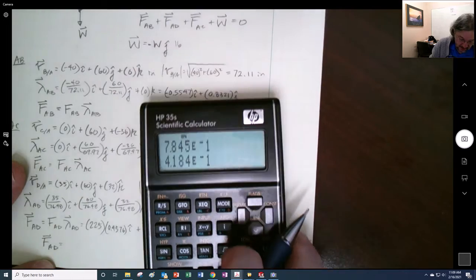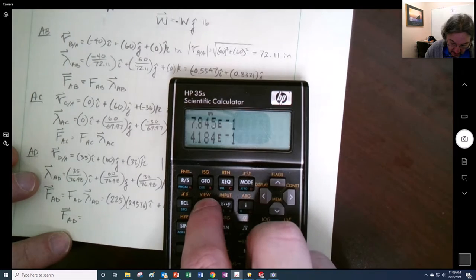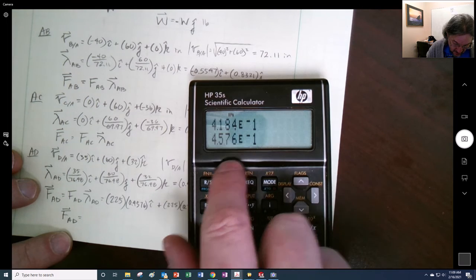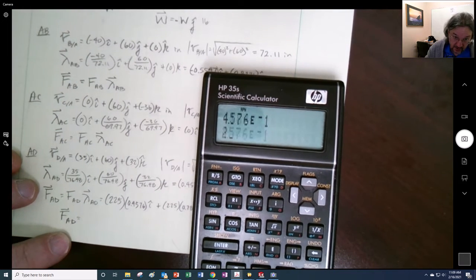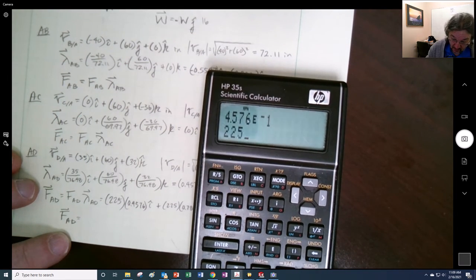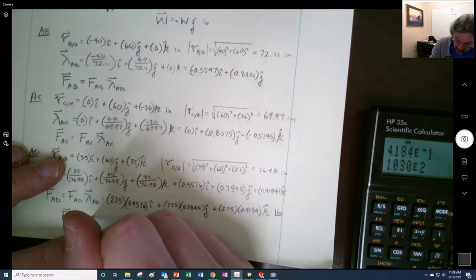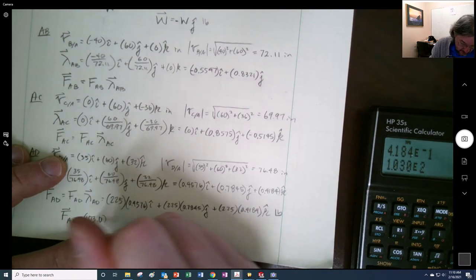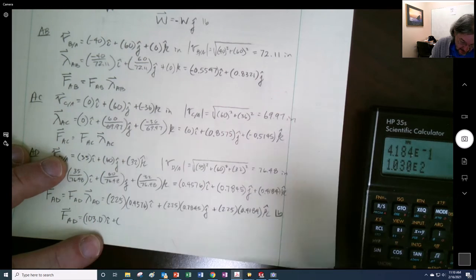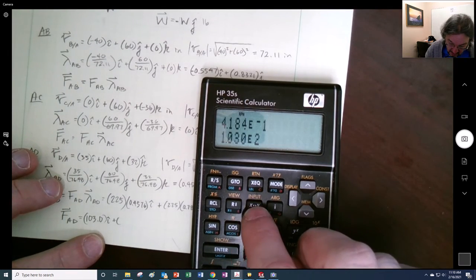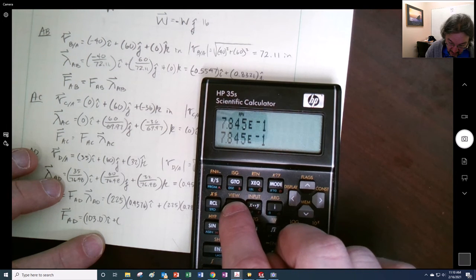And what we could do in our stack here is we can roll this down, and that's still in my memory right in there. So I just go to 225 and multiply it by there, and I get my 103.0 I. And let's see, can I still use this? I can roll that down right there.